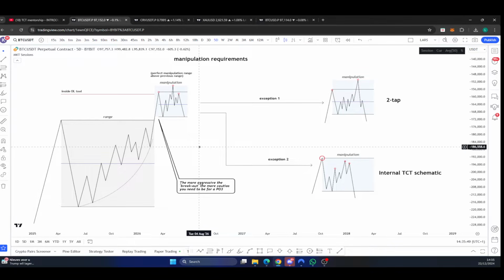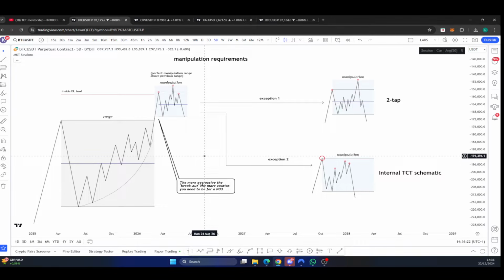Okay, so you have a range, you want to aggressively break out of that range, stay inside of your DL2, create a new range that then has a valid distribution, and then you enter on the third tap of that distribution model like you are used to. But now, if you are aware of a potential PO3, you can target the range low of the PO3 range low and not just the local manipulation range low. That is the difference. You can extend your target.